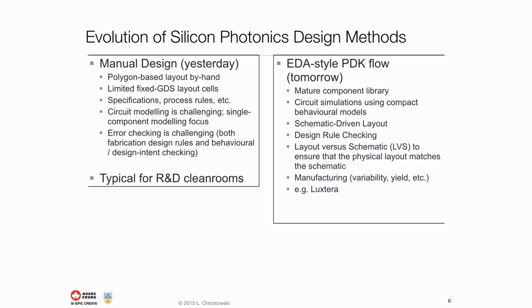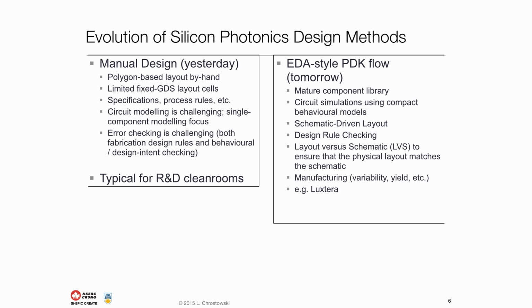Now, let's see where photonics is going. The design methods will be similar to electronic design automation with comprehensive process design kits. We will have a mature component library, circuit simulations using compact behavioral models, schematic-driven layout, extensive DRC, LVS to ensure that the physical layout matches the schematic, and simulations will include the manufacturing variability and yield.